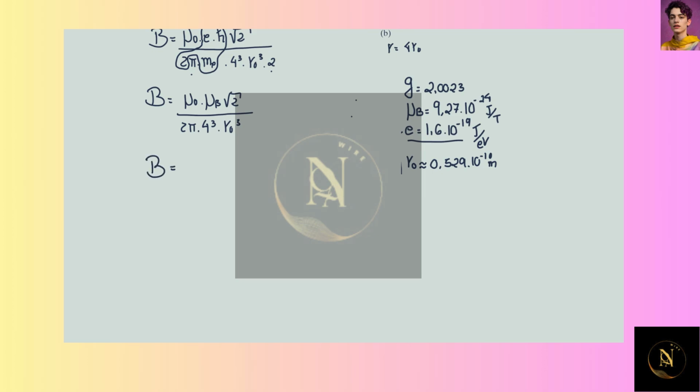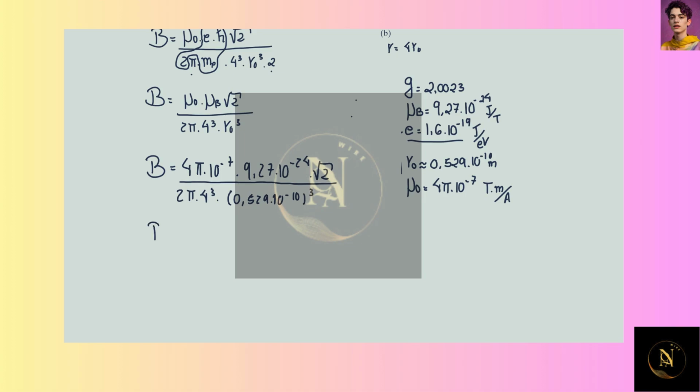B is equal to mu0, which is 4 pi times 10 to the minus 7, times mu B, which is 9.27 times 10 to the minus 24, times the square root of 2, divided by 2 pi times 4 to the third times 0.529 times 10 to the minus 10 to the third. And this gives us a magnetic field of approximately 0.5 Teslas.